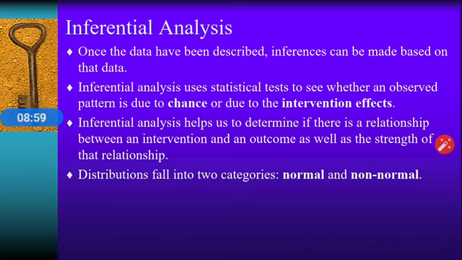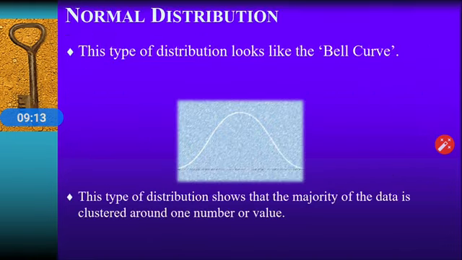One of the first steps in inferential analysis is to answer the question, what does the distribution of data look like? Distributions fall into 2 categories, normal and non-normal. Normal distribution looks like what is called the bell curve.